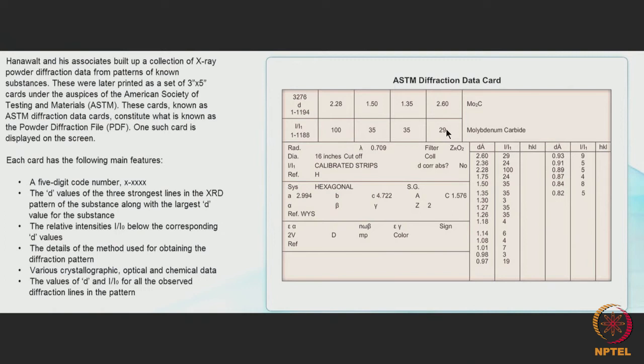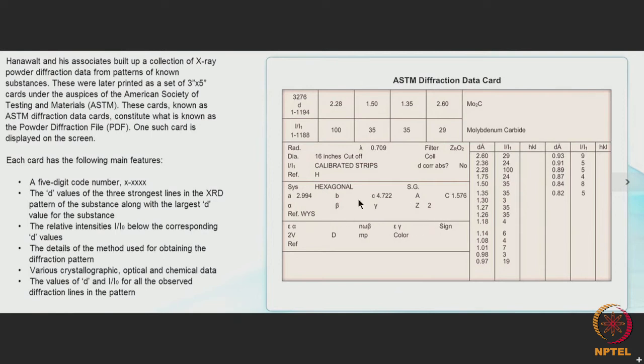Now, the method that has been used for obtaining the diffraction pattern of the material under consideration, which is Mo2C in this particular case, is shown over here.